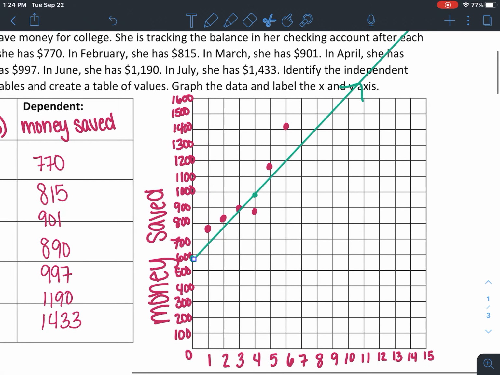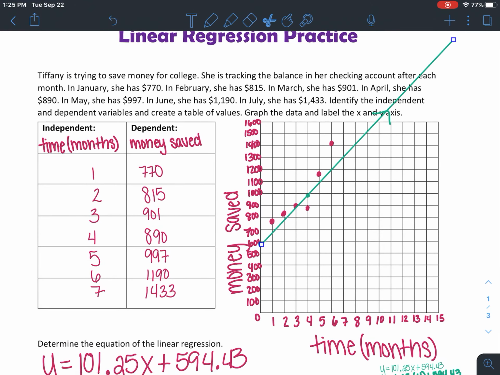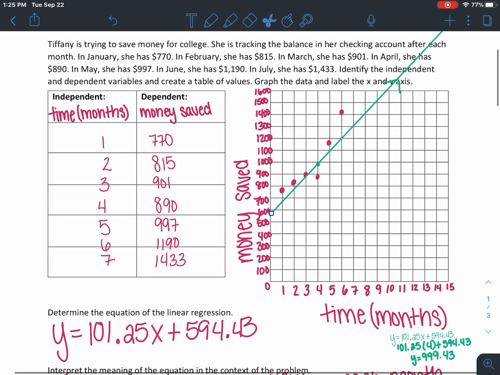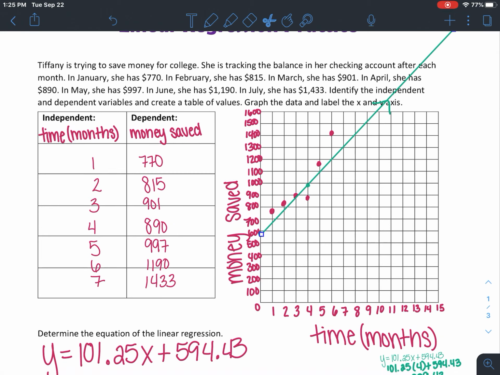Okay. So, oh gosh, now I don't know. I don't have enough room on my graph, but remember, we used the line of best fit. We used this equation. We used the green line's equation to predict how much money Tiffany will have in 15 months, in the next March of the next year.